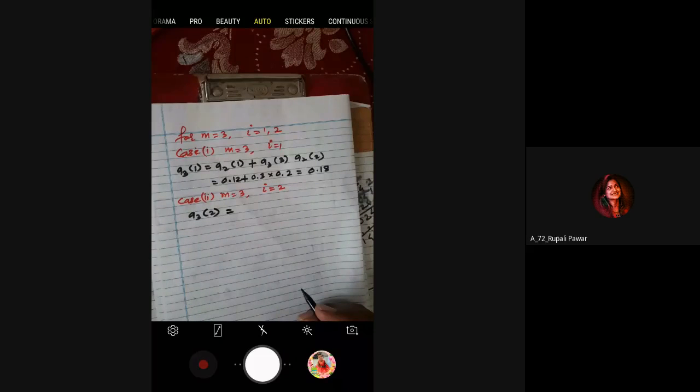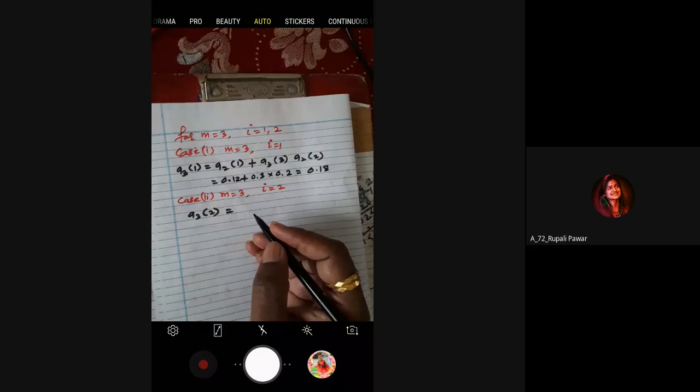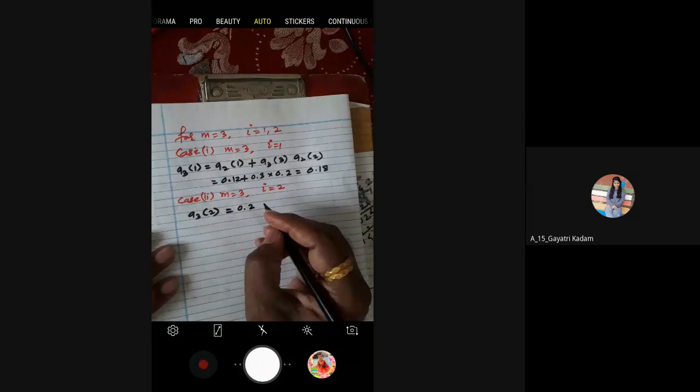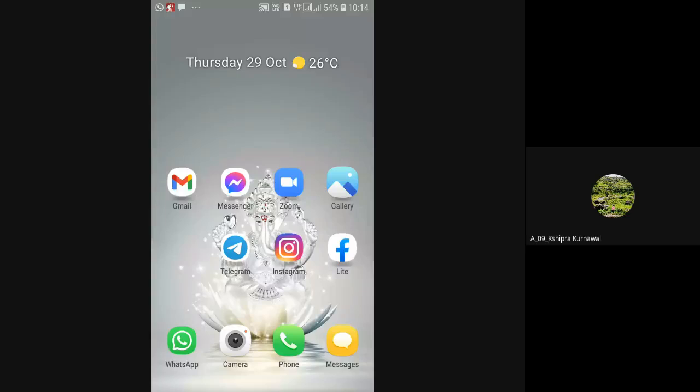A2 of 2, 0.236. सबका आंसर कितना आ रहा है? 0.236. Okay.